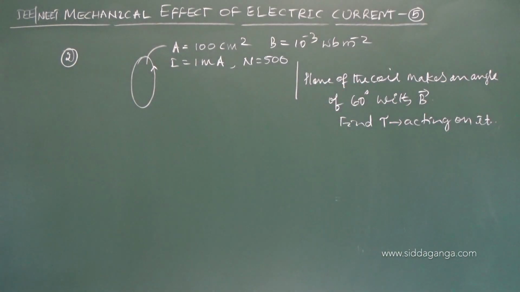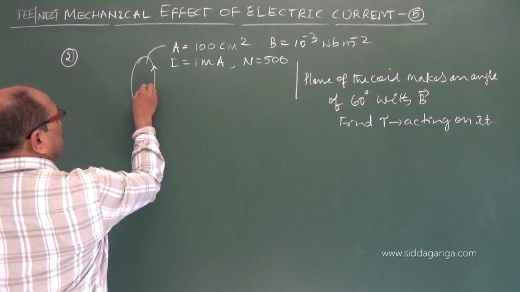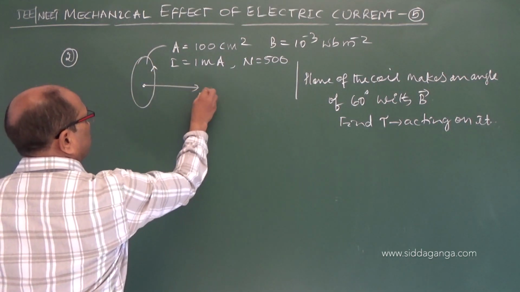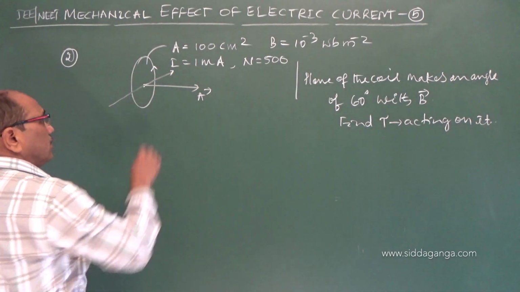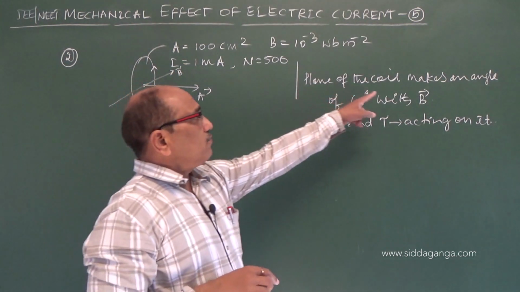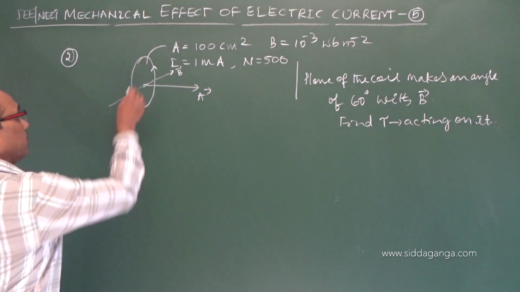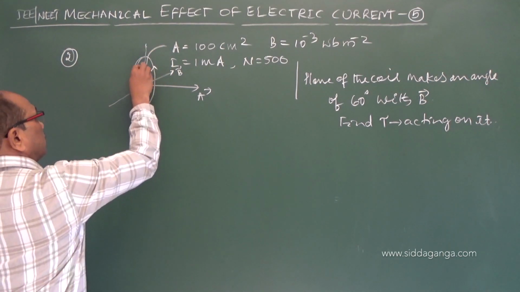See the question. It is a coil carrying current. This is the area of the loop and the magnetic field B is acting in some direction. The plane of the coil making an angle of 60 degree means this angle is 60 degree.